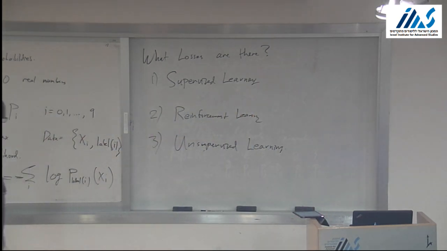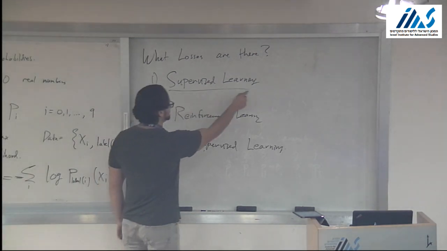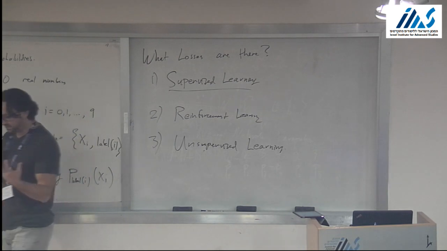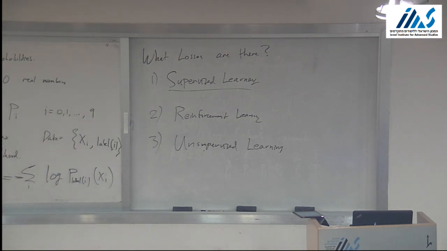The category that we've talked about so far, both this and this, are representative of supervised learning. That's where the word supervision means that we know what the input is and we know what output we want, so we can supervise the network and tell it whether it's doing well and how it needs to sort of correct itself to do better. And that's the situation where we have these explicit targets.